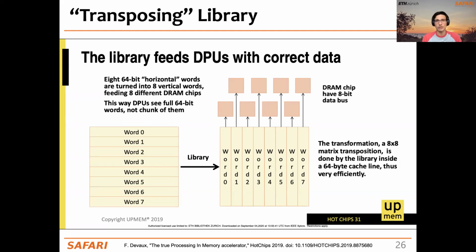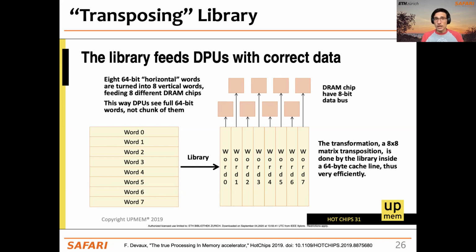As you may know, in DRAM DIMMs, we distribute the bits of a word across the available chips. For example, if we have 8 chips in one rank, every 64-bit word is divided into pieces of 8 bits, and these pieces of 8 bits are mapped to the different chips.